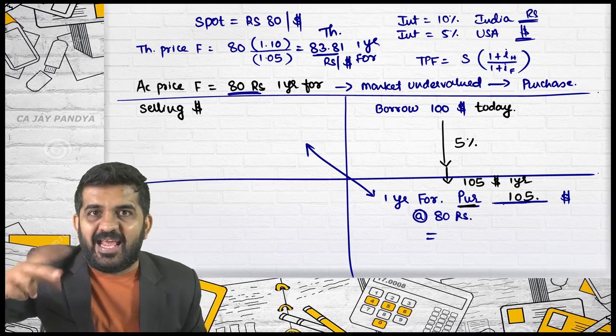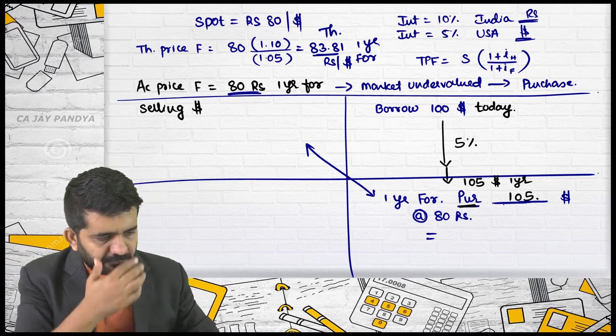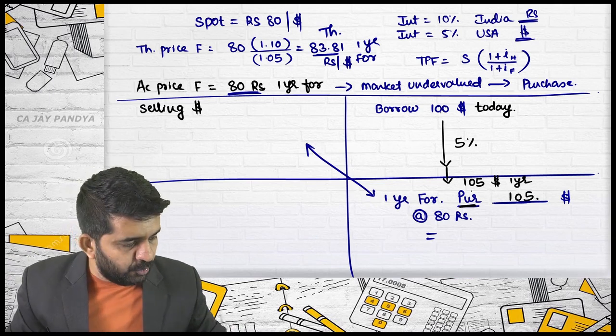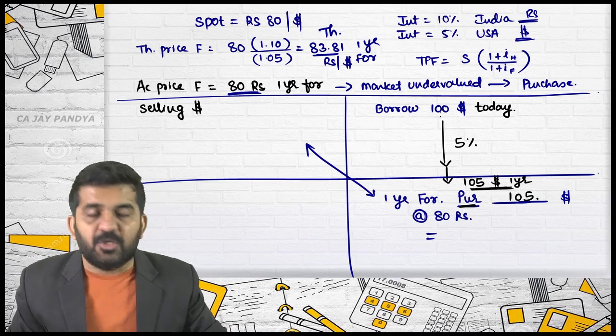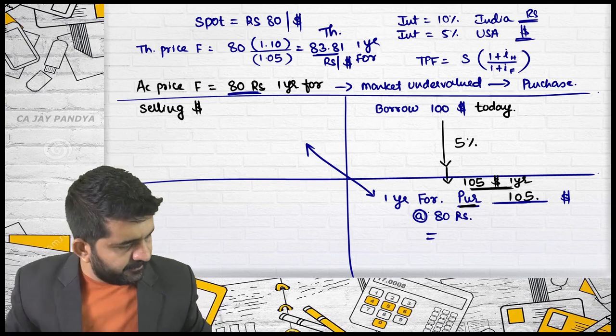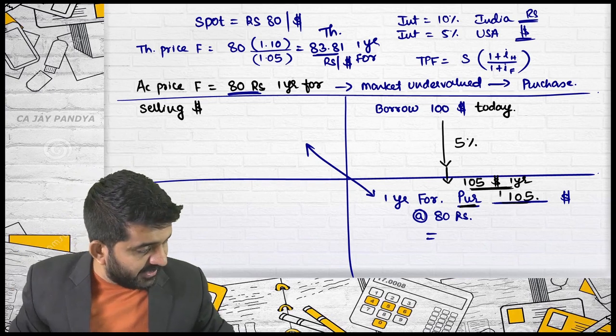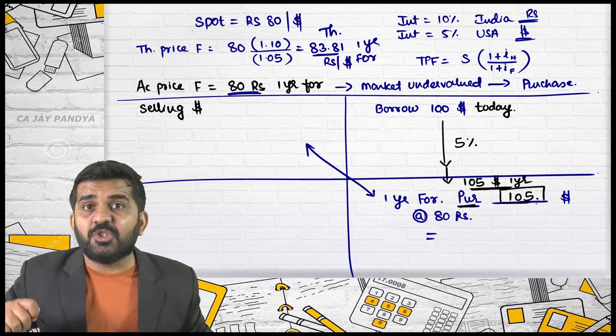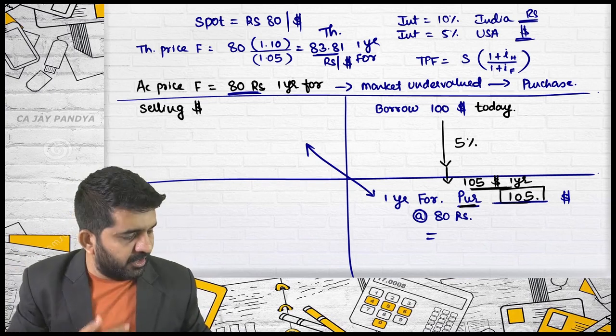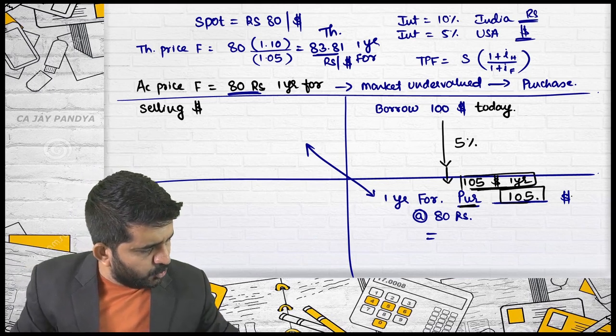So this will be tallied. I'll be getting $105 in delivery, which I'll be repaying in this loan.